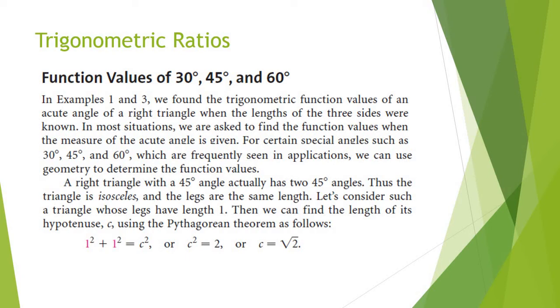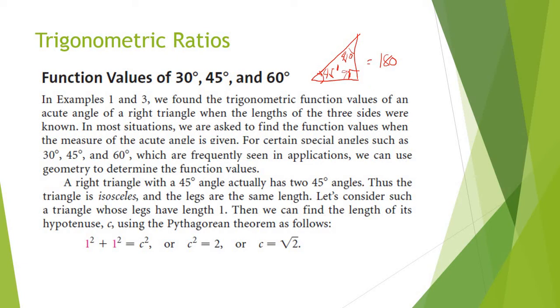So if a triangle is a right triangle, where the angle is an exact angle, like for example here, this one is 90 degrees, and if this is 45 degrees, obviously this one is also 45 degrees, because as I've said, the total value of the angles of a triangle is equivalent to 180.